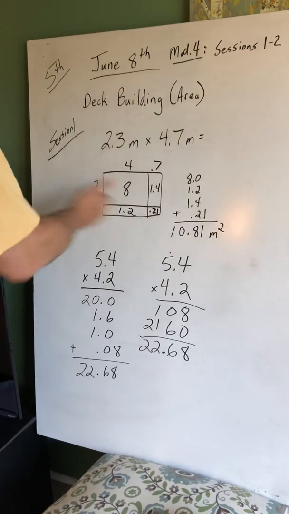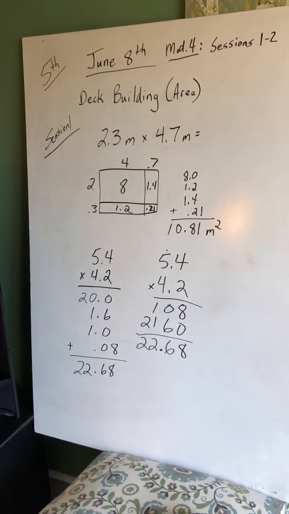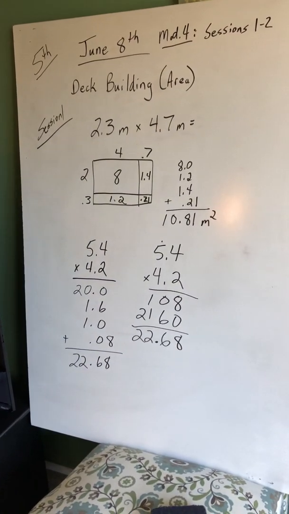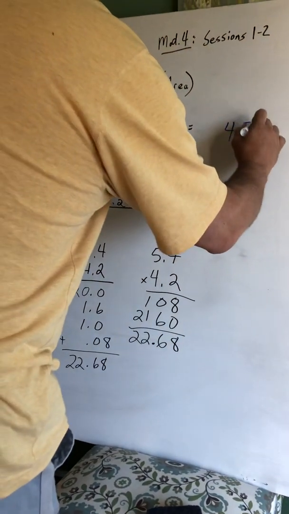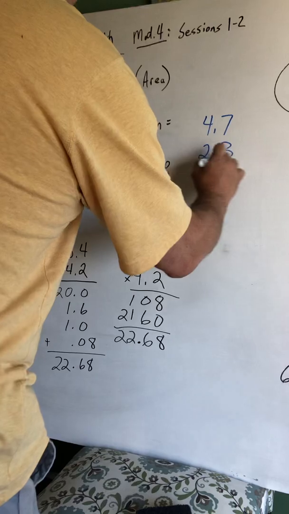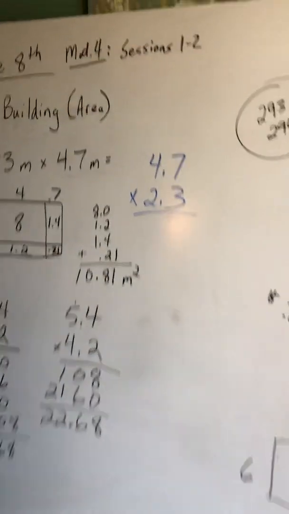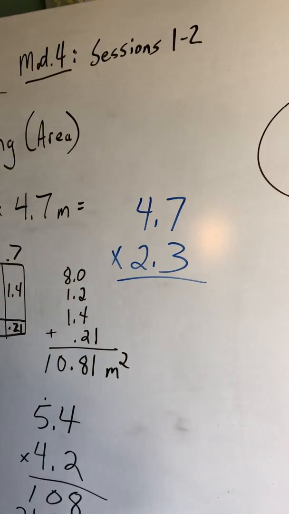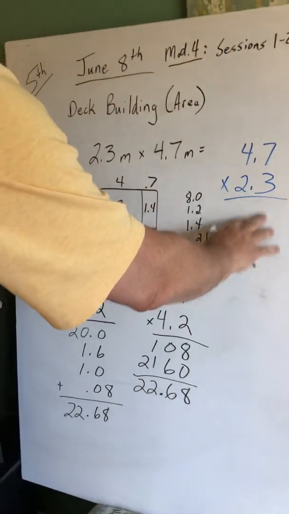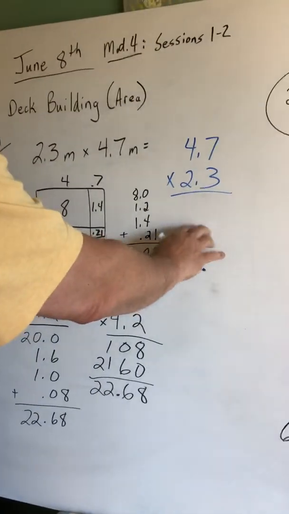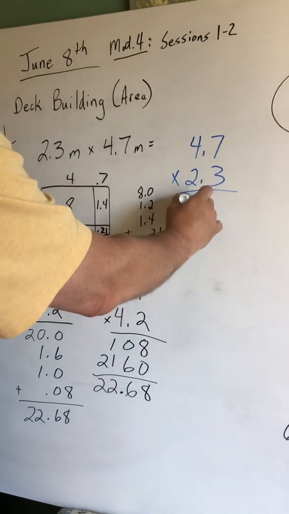So this is the area model for this problem, and there might be a spot in here for doing the algorithm, okay? Then there might also be where you do partial products, like 2 times 4 is 8.0.